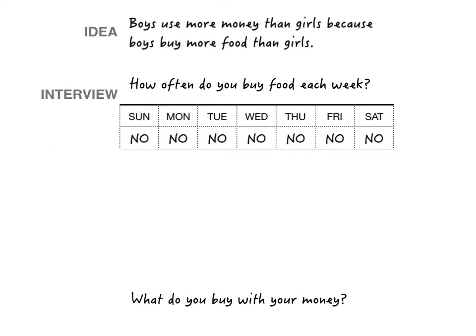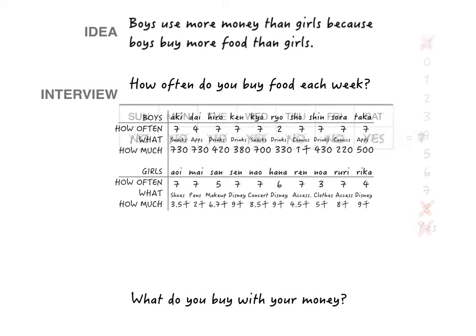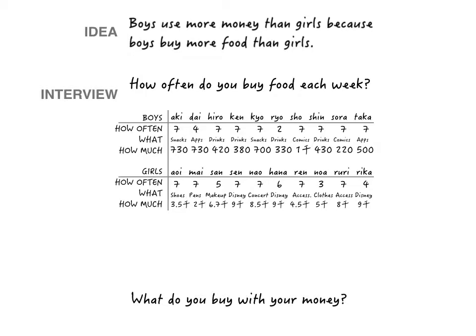A person can buy food 0 times a week, once a week, twice a week, all the way up to every day. The only answers possible are numbers from 0 to 7. These results are very easy to understand. We can compare girls and boys easily by using averages.